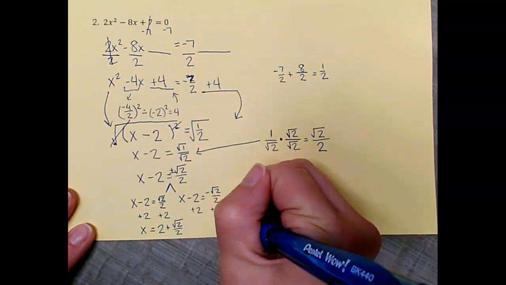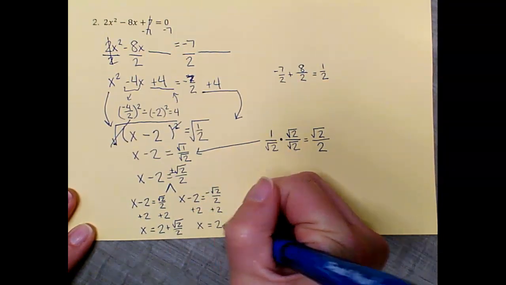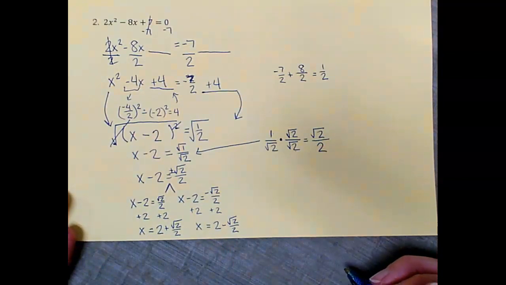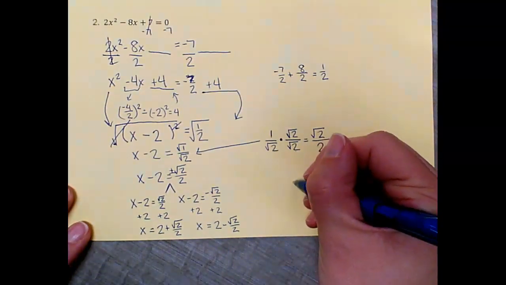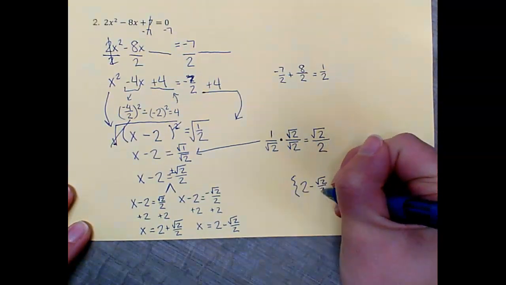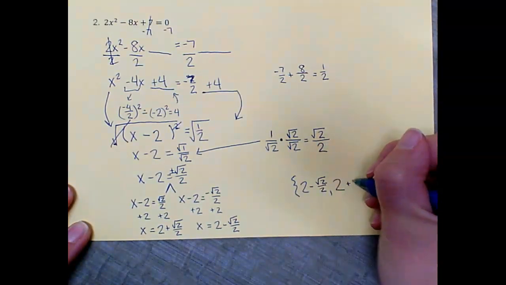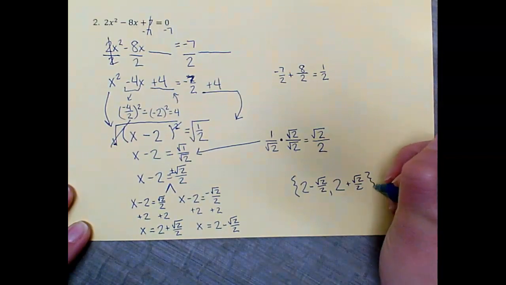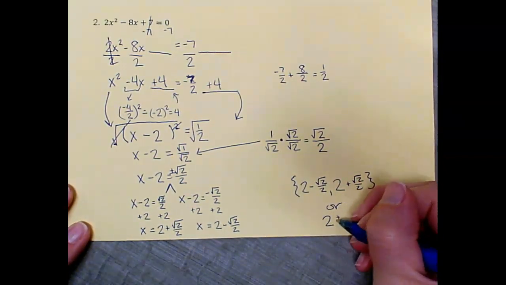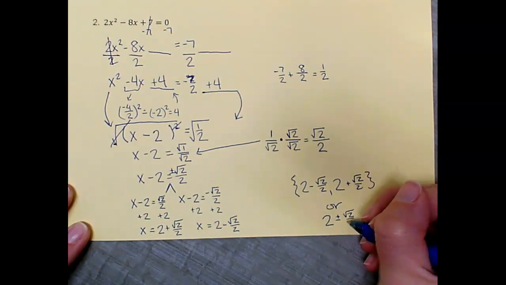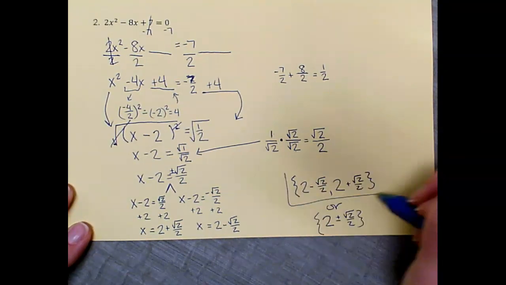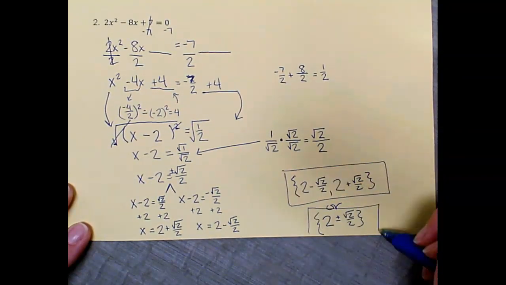Same thing here. If I add 2, I get x equals 2 minus square root of 2 over 2. So I can either write that as 2 minus square root of 2 over 2, 2 plus square root of 2 over 2, or it's possible that you will see it as 2 plus or minus square root of 2 over 2. Either one is okay.